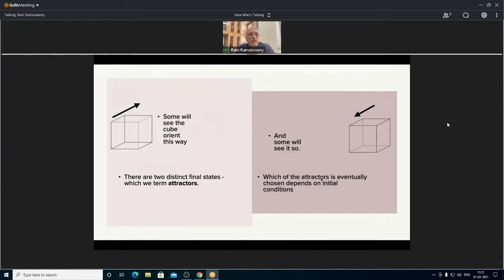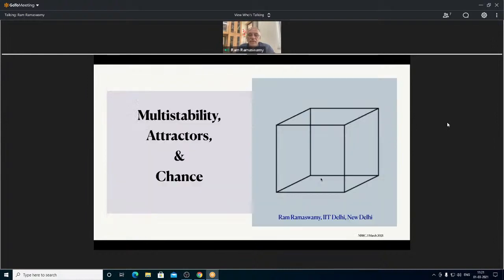People will see it one way or the other, and these two distinct final states are what people call attractors. Now, which of the attractors any individual sees depends on initial conditions. And as is also well known about this optical illusion, some people will see this cube switch orientation from one side to the other. You'll start out seeing this particular cube, because this doesn't have the dotted lines in it.